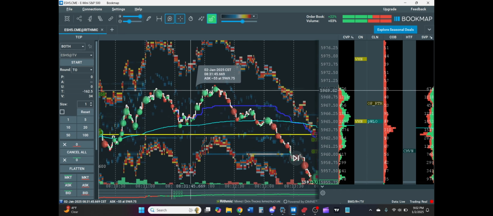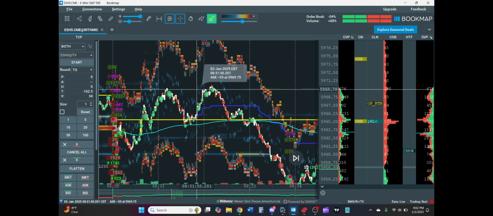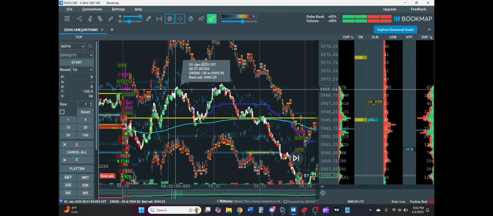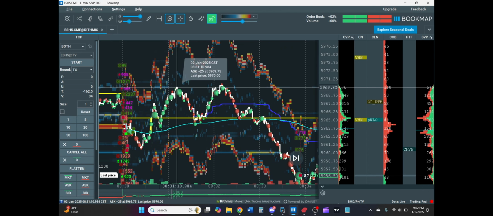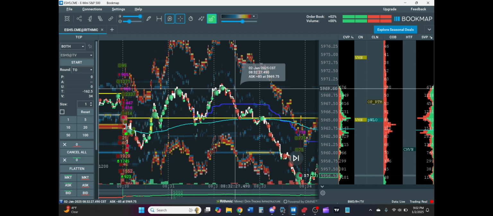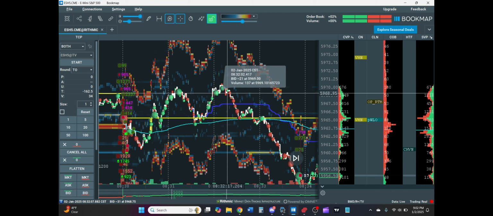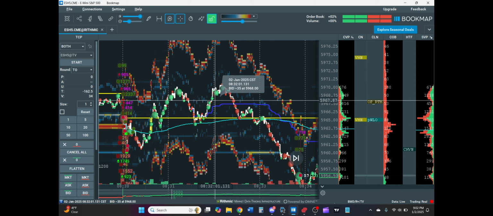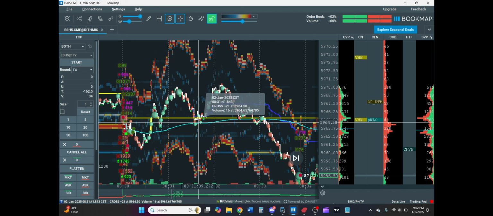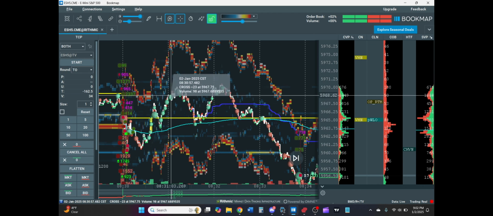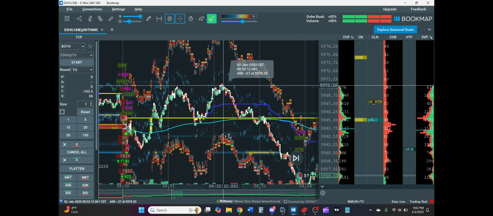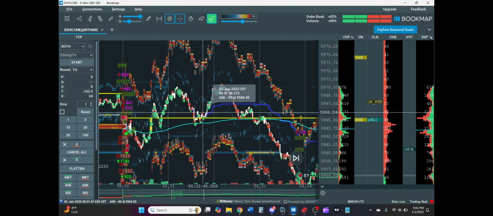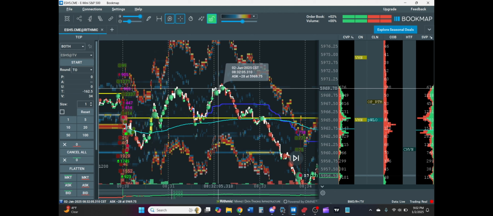Come back, test VPOC. So this is interesting. We have buyers met sellers here. Sellers took over, and we test that area again. So it doesn't really give you an opportunity to get in. Not trade recommendation, but we're looking for triggers and pullback, and then that could be, if you're a little aggressive, you can see that as a trigger, pullback, retest this area.